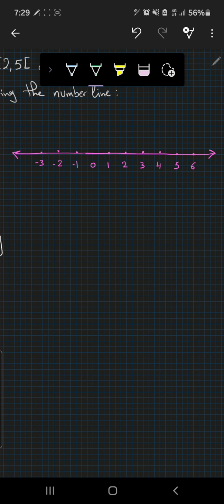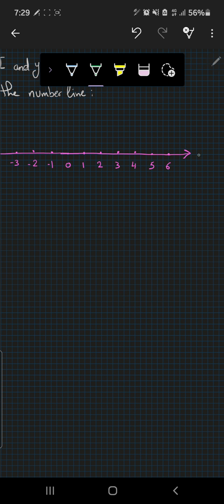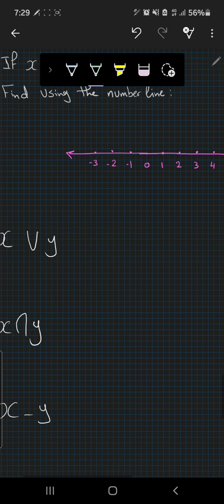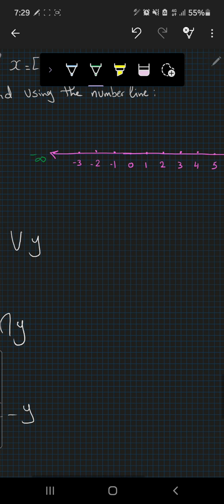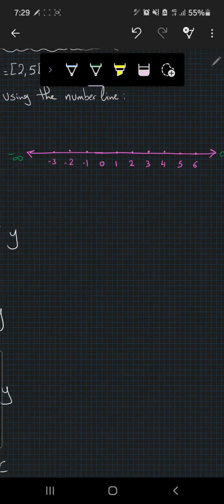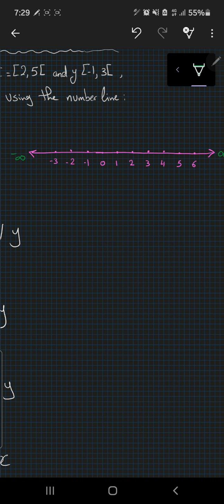Draw the number line. Here infinity, negative infinity. Write x and y on the number line. x is closed 2 and open 5.